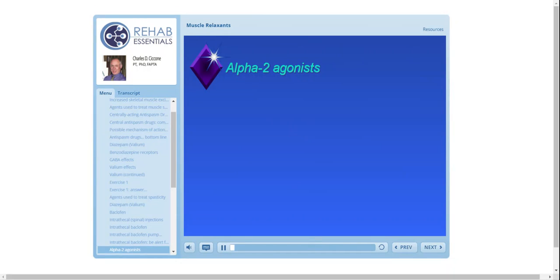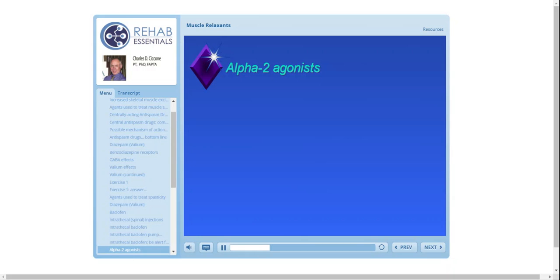So that was baclofen and this technique of intrathecal baclofen. Now, alpha-2 agonists, we have to explain what the title refers to here. An agonist is a drug that stimulates a receptor, in this case the alpha-2 type of receptor. What we see in the cardiovascular system and in the respiratory system are these alpha and beta receptors.